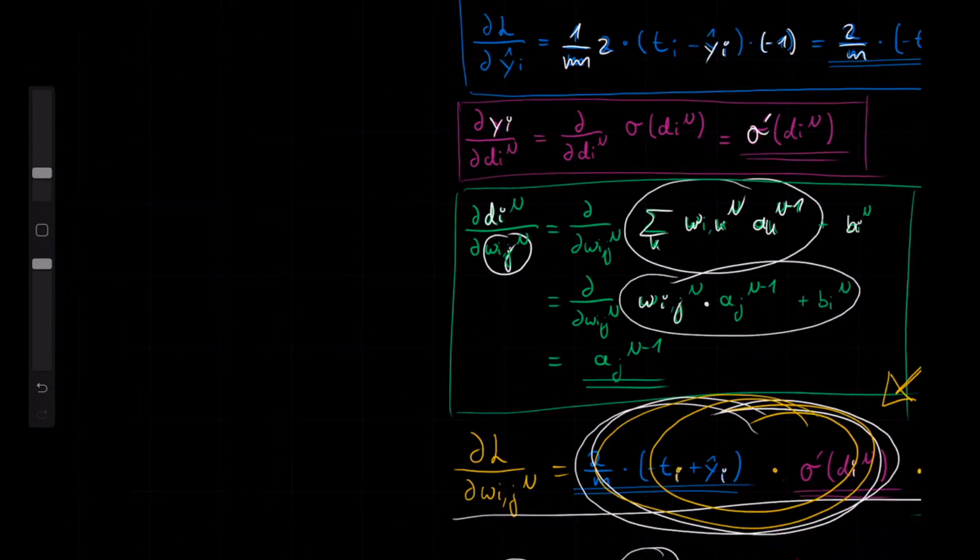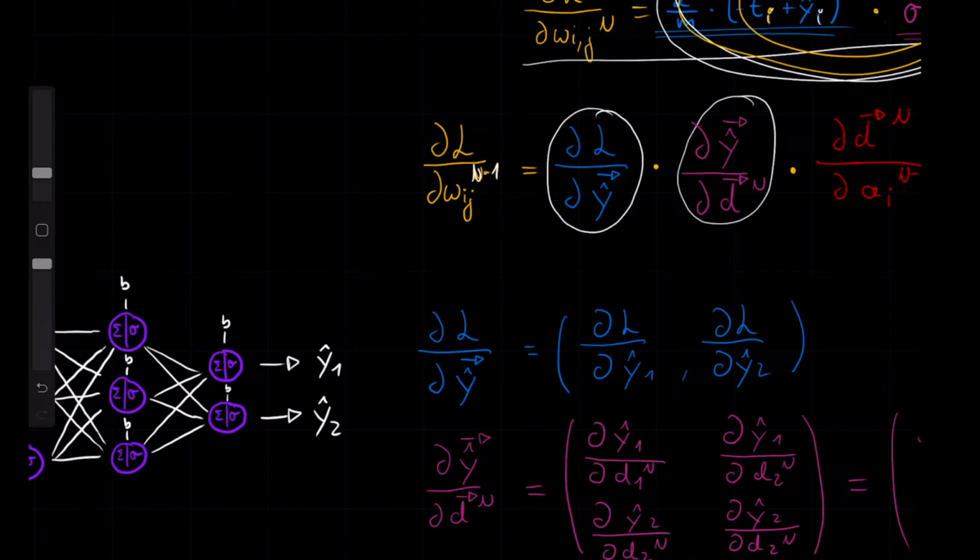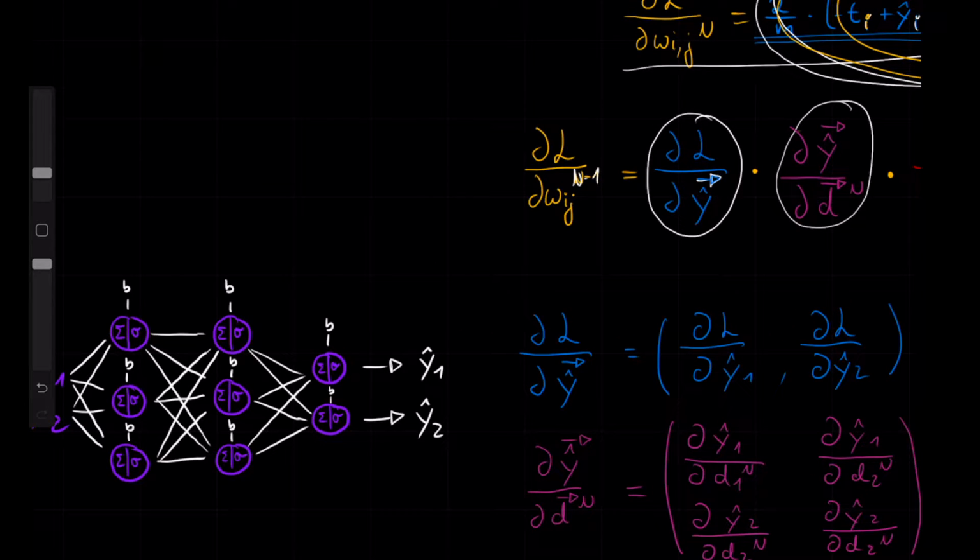But the difference is that we don't just consider one activation, but the whole activation of the network. And so we have this vector sign here, indicating that we are talking about y1 and y2 in our case here. And the reason we have to consider the whole activation is because a single weight here will affect this neuron, and this neuron here will affect, through these weights here, both outputs of our network.